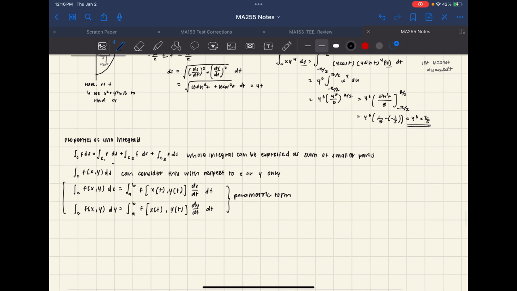You have this first one, where the whole integral can be expressed as a sum of smaller parts. This is written with respect to x or y only, and then these are your parametric forms.